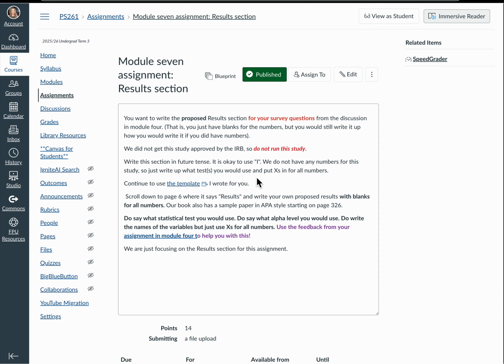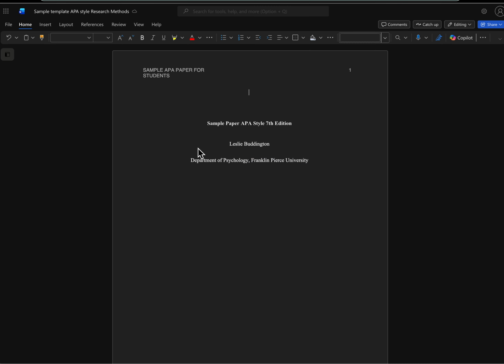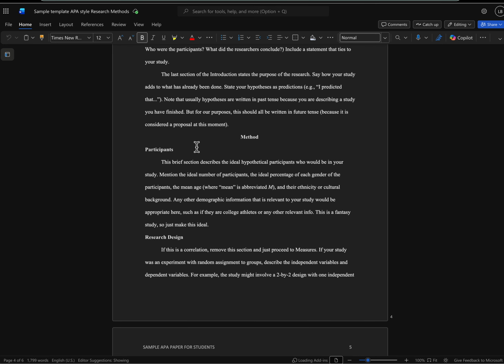You're doing your results section for the survey questions from the discussion in Module 4. And you didn't actually run this study, so we're just leaving this as numbers. Using this template, we're scrolling down to the results section.